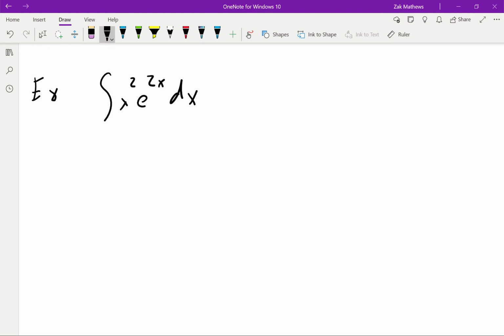It might add a little bit, but that doesn't seem like it's getting me anywhere. So I definitely want the v to be the e to the 2x because that's not going to ever simplify. Now what that means is I'm stuck with the x squared as my u. If I were to take the derivative of that, it becomes a simpler function. It doesn't disappear, so that might lengthen our process in this example.